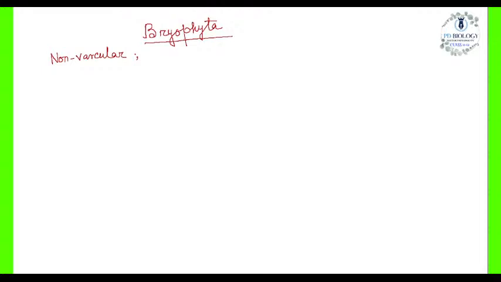They live in moist habitats. They are multicellular. The multicellular diploid body is called the sporophyte.